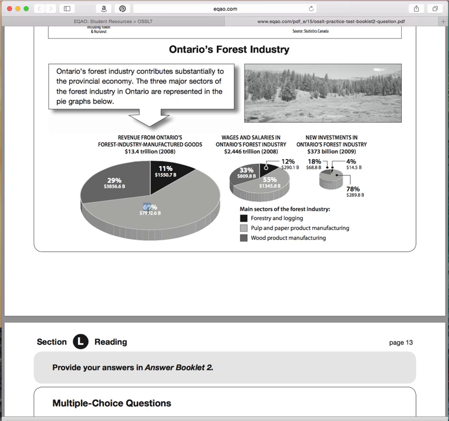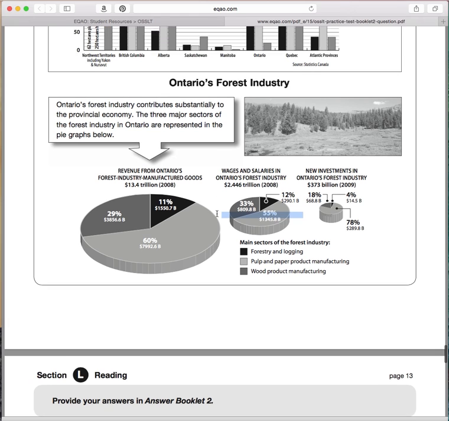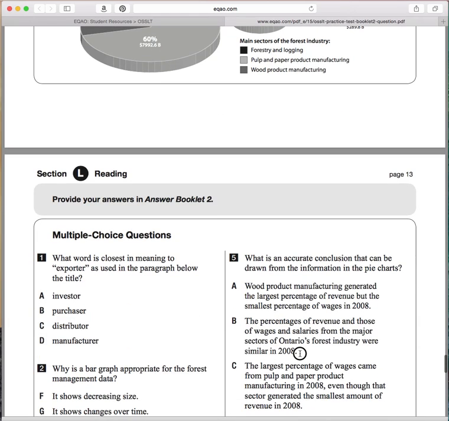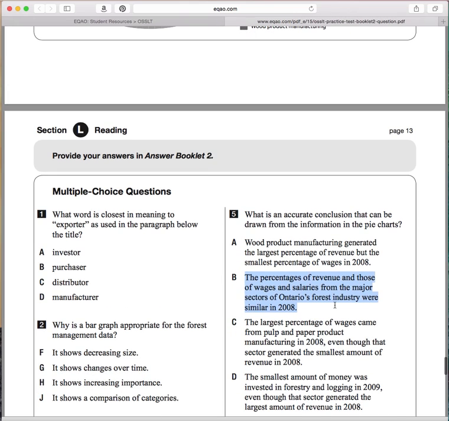And 60 compared to 55%. So by process of elimination and by the fact that this is basically right, they are similar. We know that B is the correct answer.